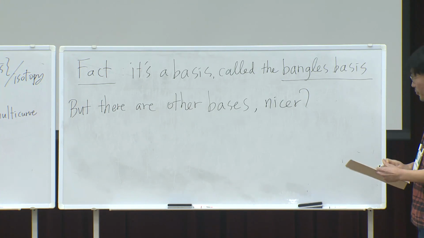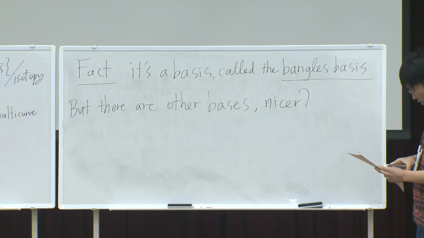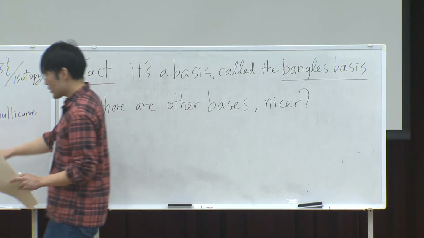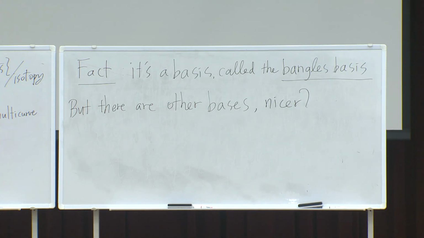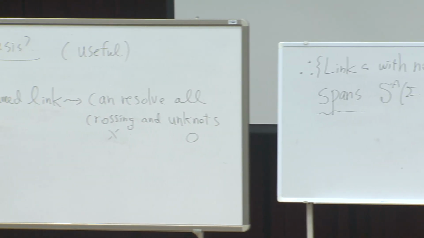And to describe these other bases, I'm going to give you two other bases. And to describe them, I will first give you a little bit of different description of the Bangles basis, and then try to generalize from that.